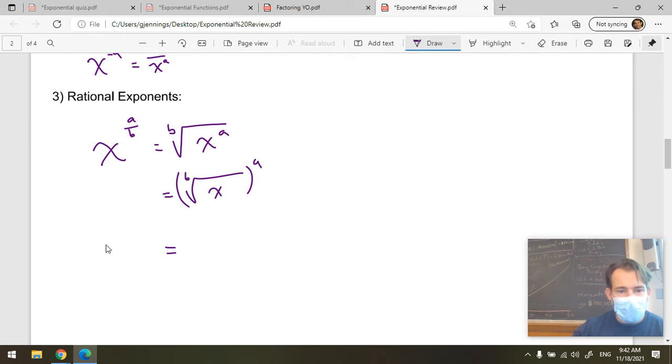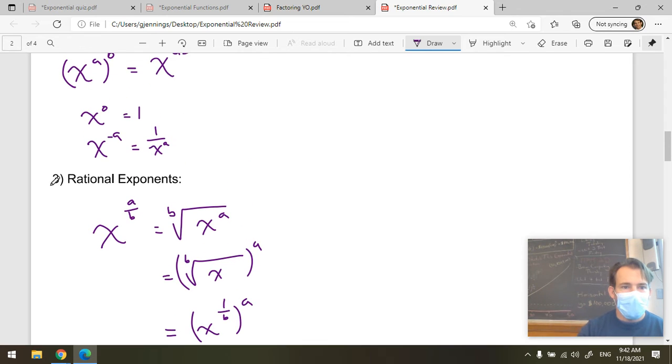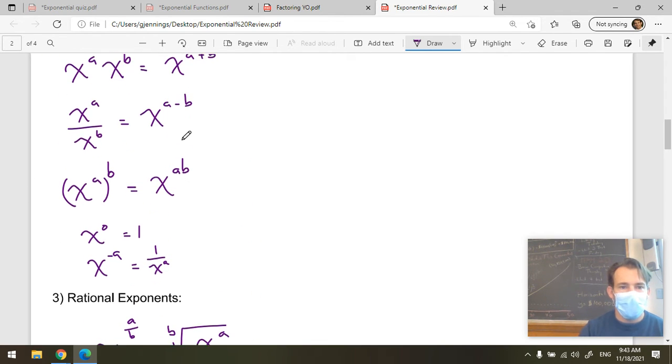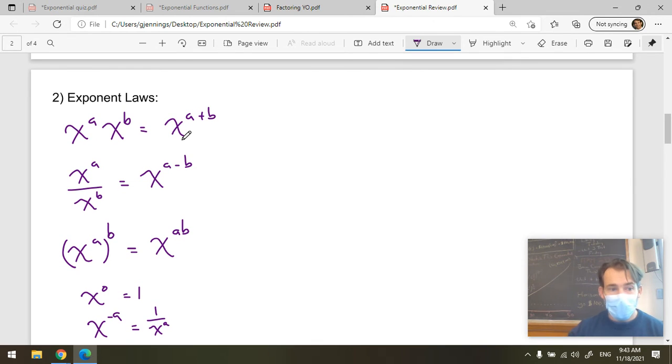Or you can say x to the 1 over b raised to the power a. I find this to be the most useful way to write it down. This is just a variation of your power of a power law. It's exploiting that to open things up. So we have some various questions in here. Should I do one? Yes, because we have several in the test.